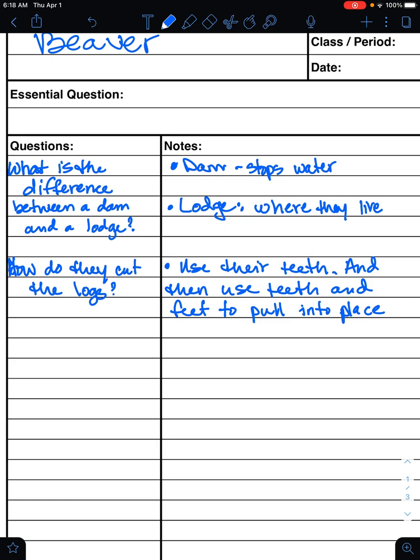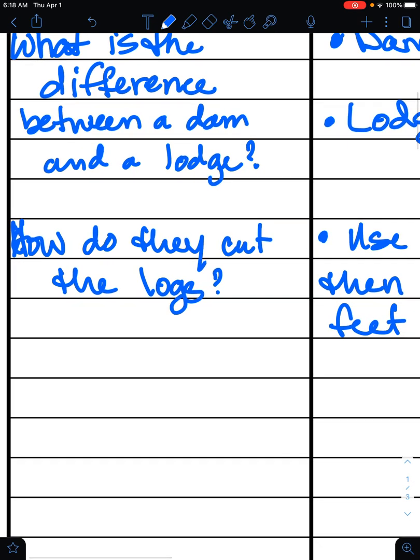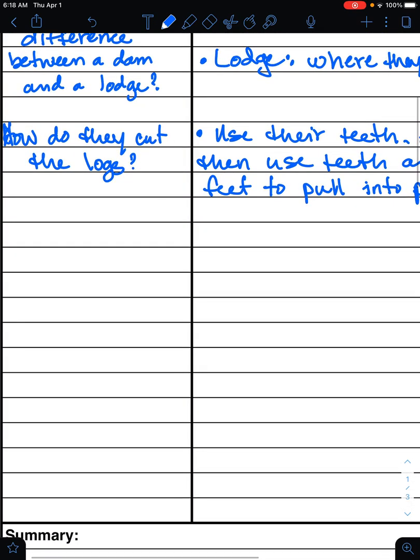So today I'm going to ask you to find 5 questions, and you might need to make this smaller so you can fit more questions in, or type or write smaller than I am. Maybe the next one, what is their family structure?